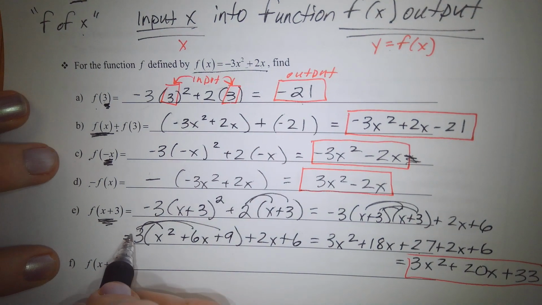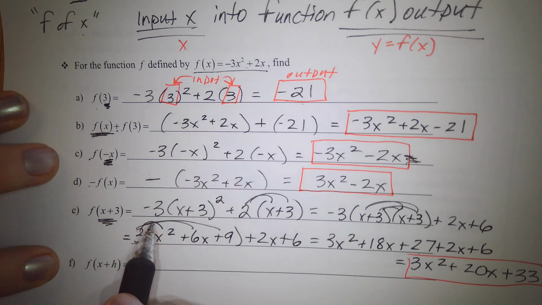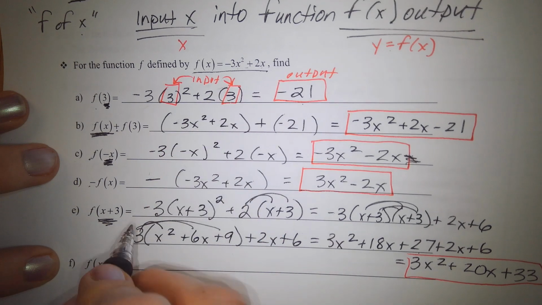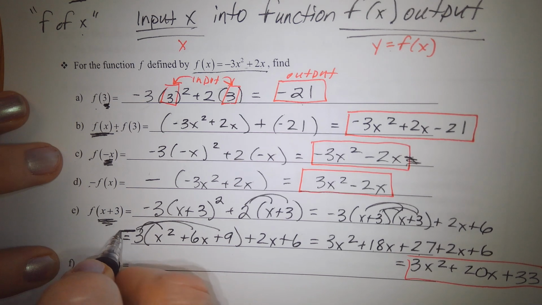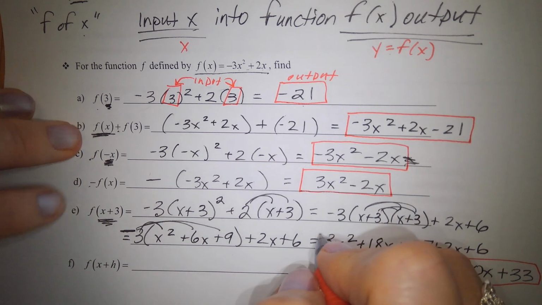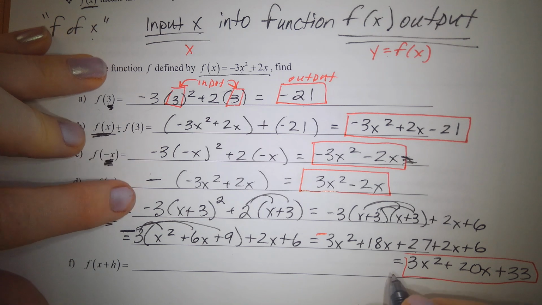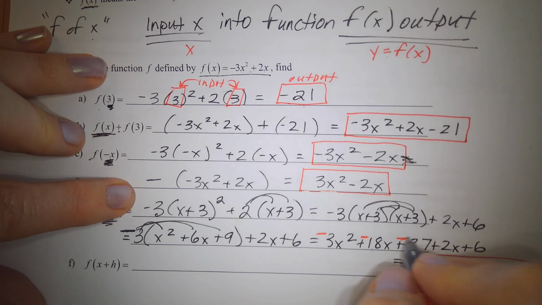There was a negative sign. I lost a negative sign over here. There was a negative 3 here, negative 3 here, and then I lost it. So right there, I've got to add that back in. So this becomes negative 3x squared minus 18x minus 27.